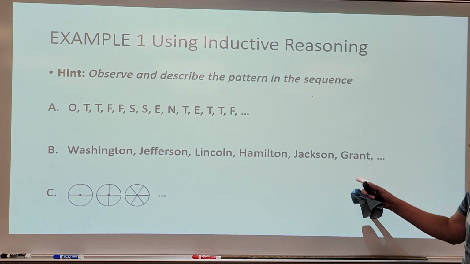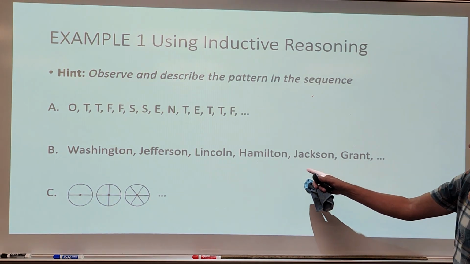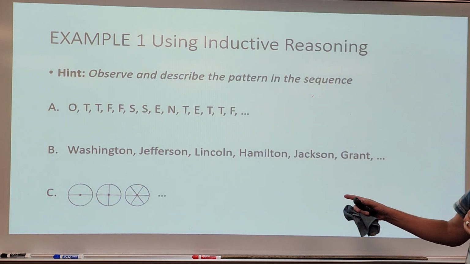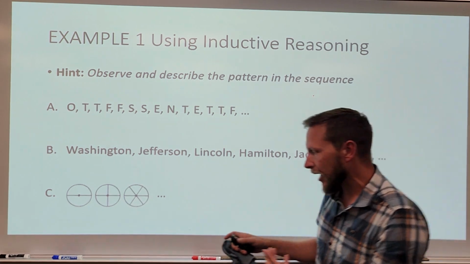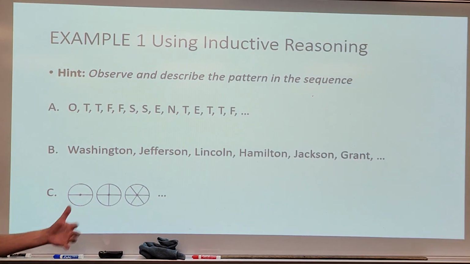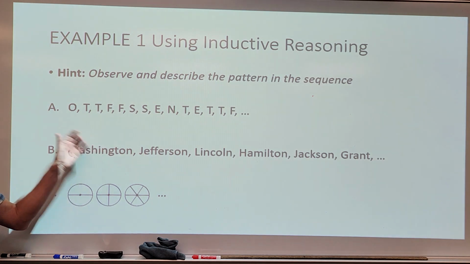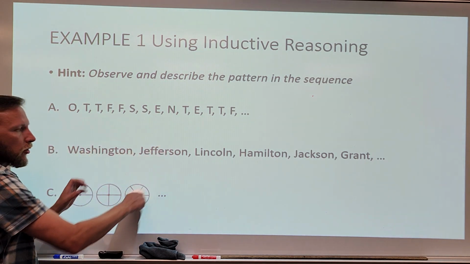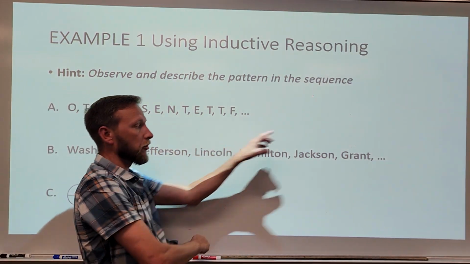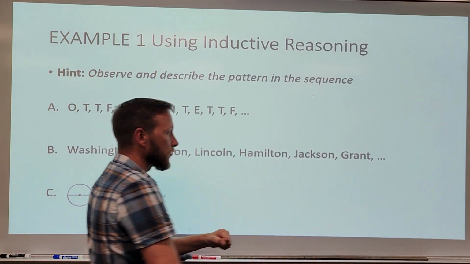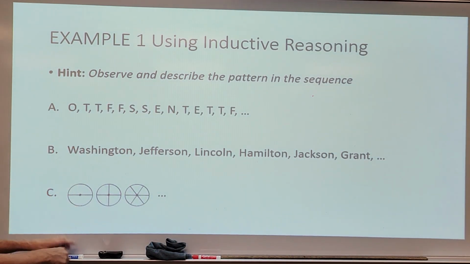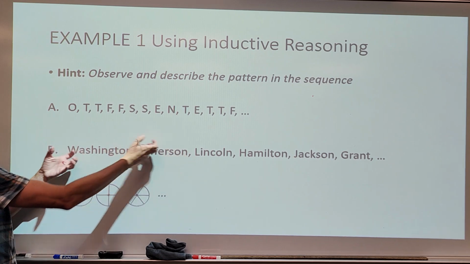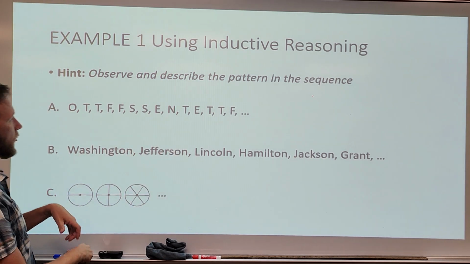For example, we have folks on here that we may not recognize that these are actually people that are on American money, right? So we have the $1 bill, the $2 bill, the $5 bill, the $10 bill, the $20 bill, the $50 bill, all right? And so these are people that are on American paper money is maybe how we would describe it.